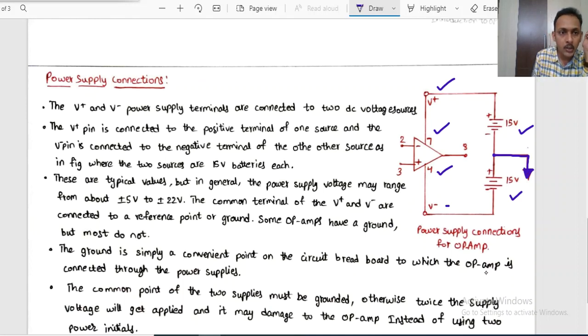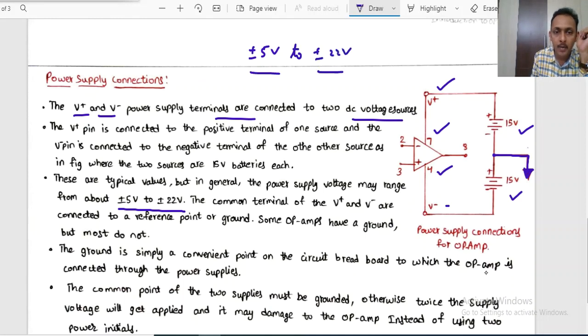So here V positive and V minus represent the power supply terminals which are connected to the two DC voltage sources, and typically the voltage will range from plus or minus 5 volts to plus or minus 22 volts.